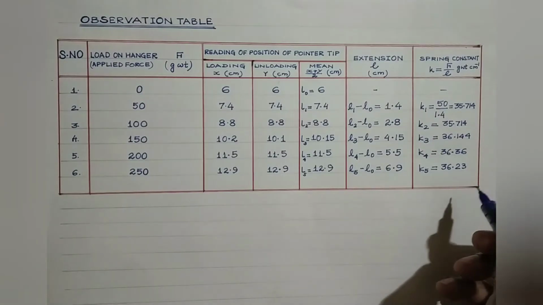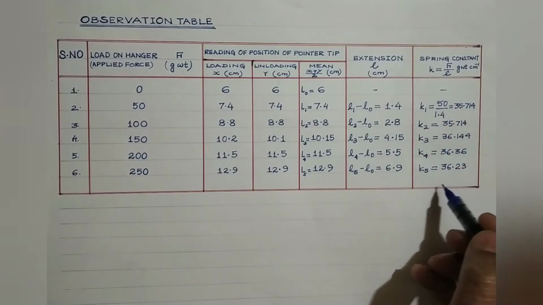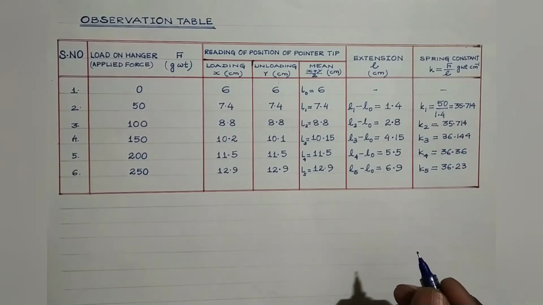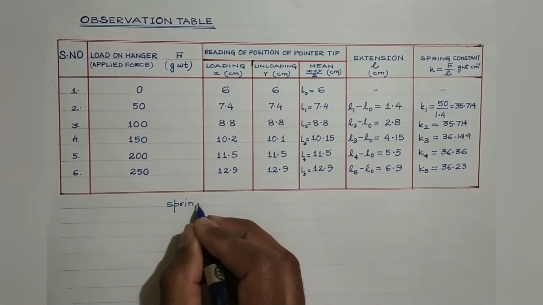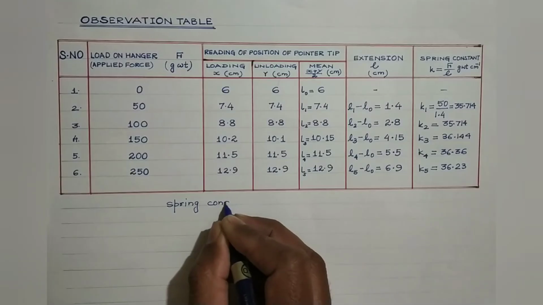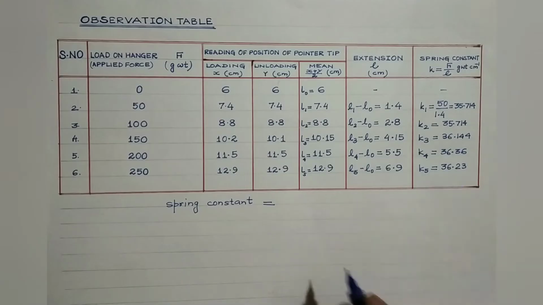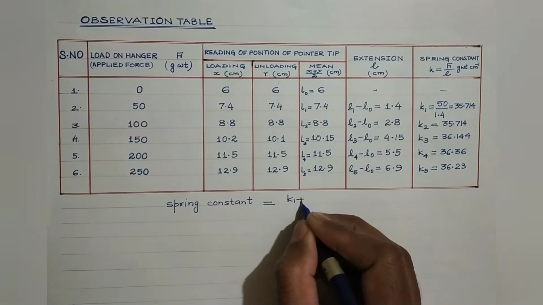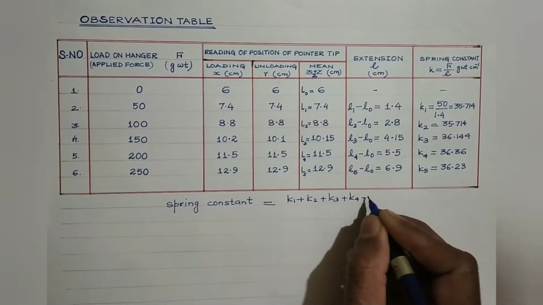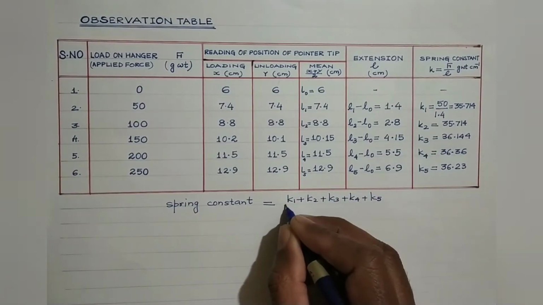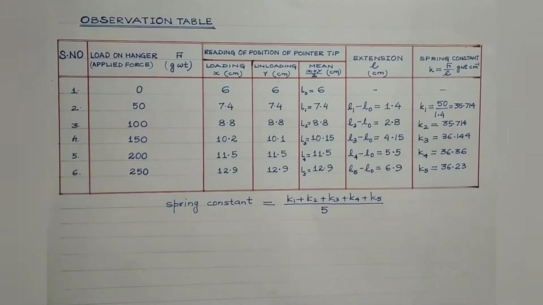So actually, in order to minimize the error, we consider the arithmetic mean of all these observed values. That will give us the spring factor or the spring constant. So the spring constant of the given spring would be given by the arithmetic mean of all these observed values, which is K1 plus K2 plus K3 plus K4 plus K5, the sum of all the observations divided by total number of observations.